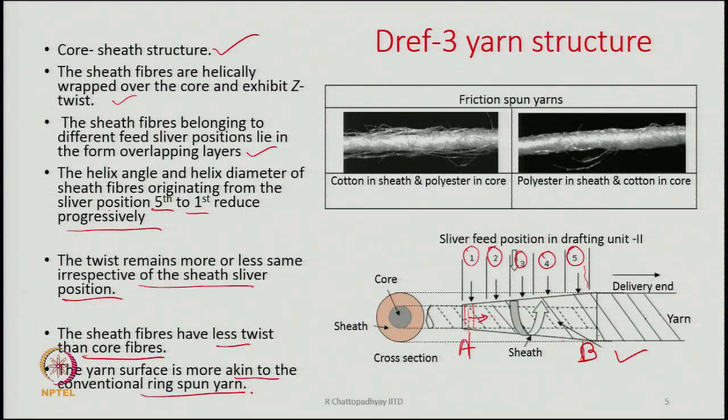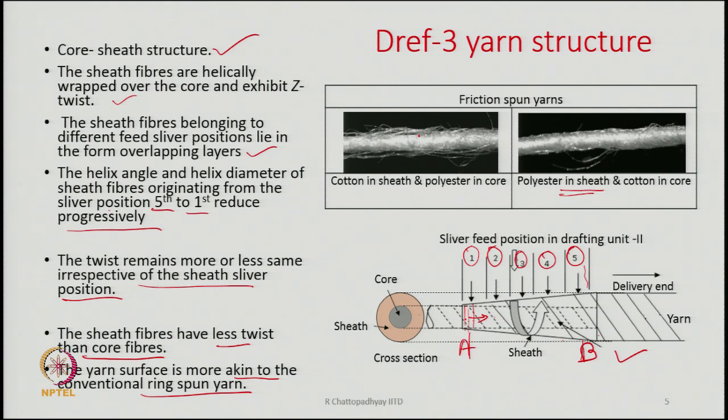The yarn surface is more akin to the conventional ring spun yarn. The two diagrams are shown here. You see, especially with polyester in the sheath, the surface looks quite smooth like a ring spun yarn. The other one is cotton in the sheath.